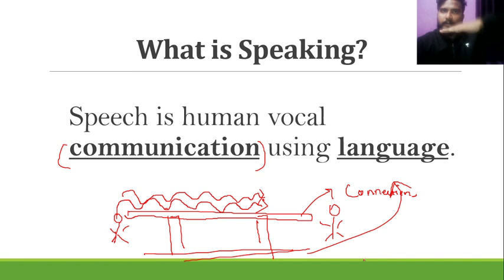If you want to keep up the connection, you have to keep propagating in a language which is understood by the listener. If you deviate from that, if you go away from that, you have no way of covering it up, because the communication using language will break.